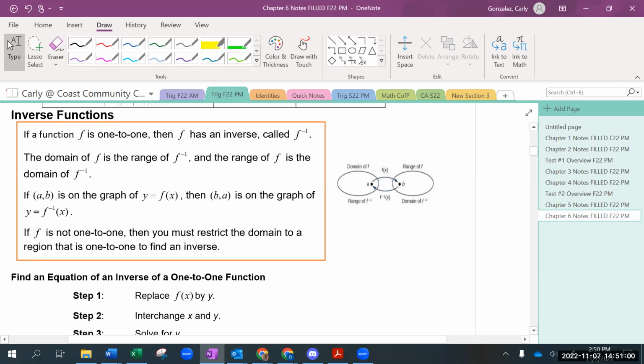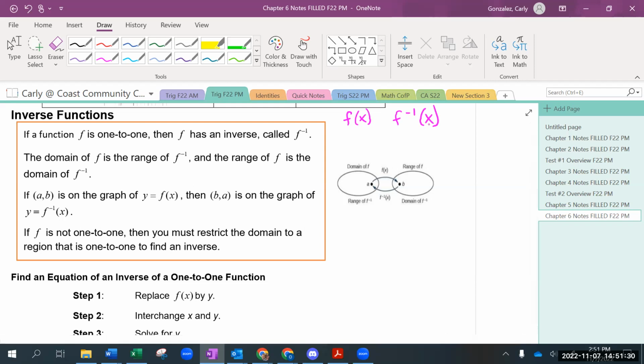What we want to think of is if f takes a to b, then the inverse will reverse that process and take b back to a. Just a few things about notation. If f of x is our function, then we use f to the -1 power, but it's just the notation we use to indicate the inverse.